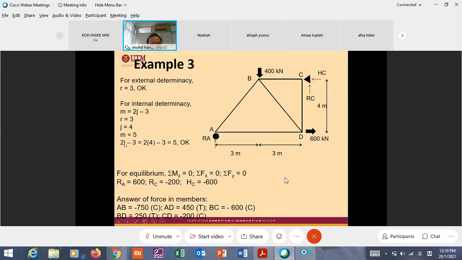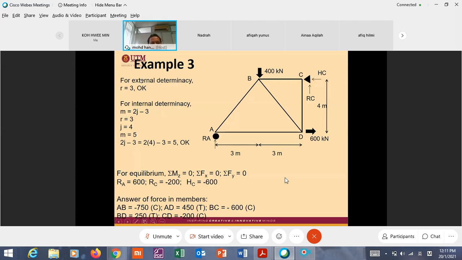But, okay, one question. If it is externally indeterminate, for example, R equal to 4, can we find the force in the member? Maybe can, maybe cannot.